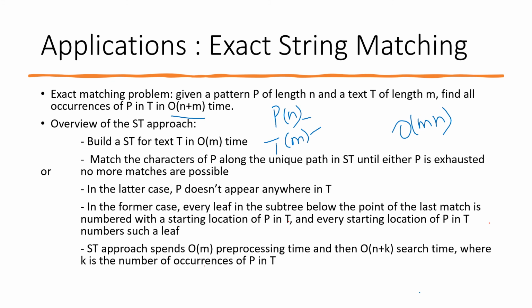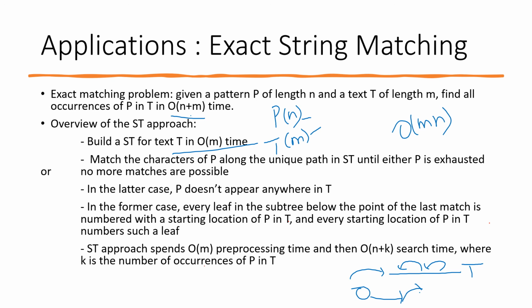This can be reduced to O of n plus m, or O of m time, where we'll just traverse the text only once, and we'll just use the pattern to keep moving, and we will not recursively search in the text. So this is the solution which we can achieve by using suffix trees.